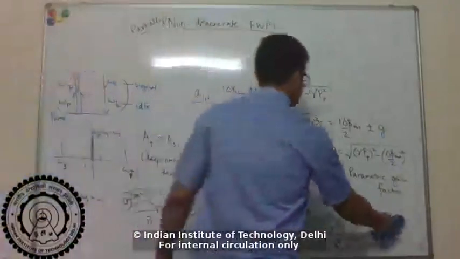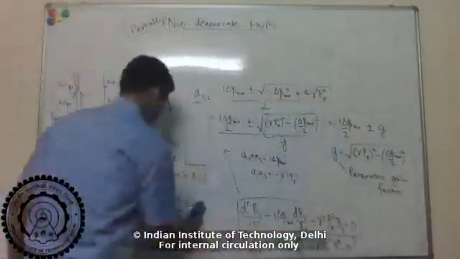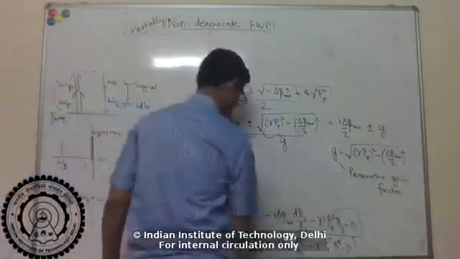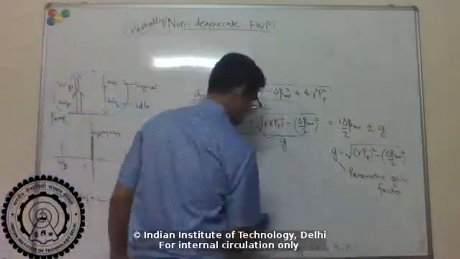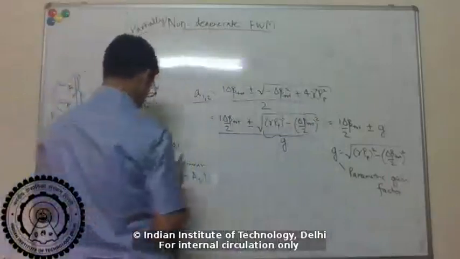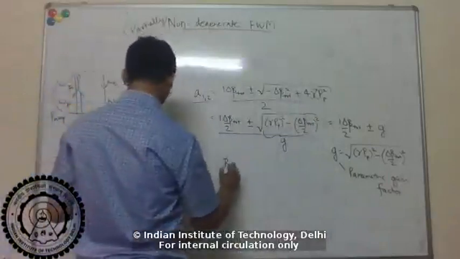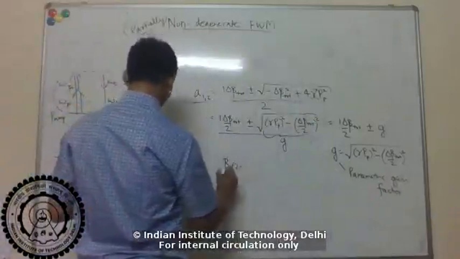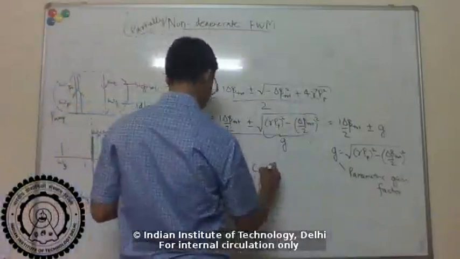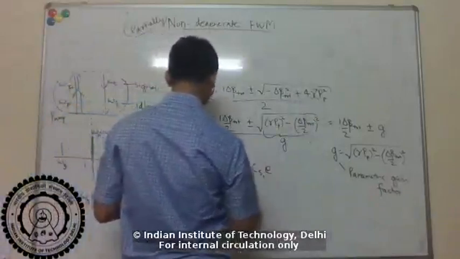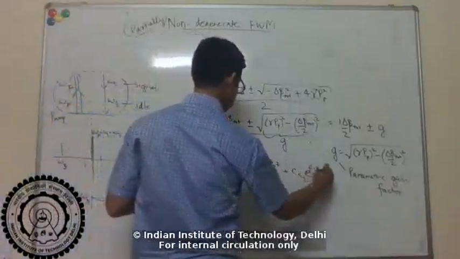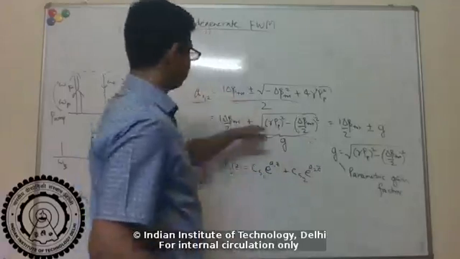Right, so the general solution then I can write for the signal and idler. B as the amplitude of the signal. The general solution I can write like this, where A1 and A2 are given by these.